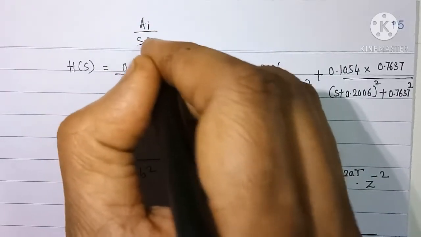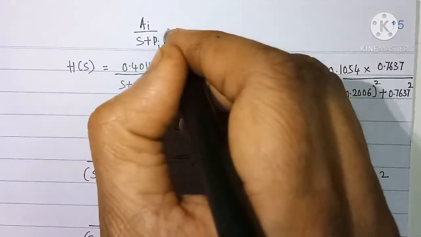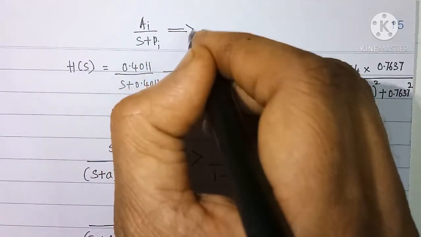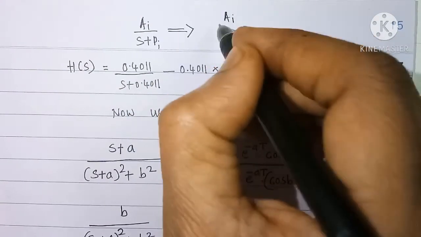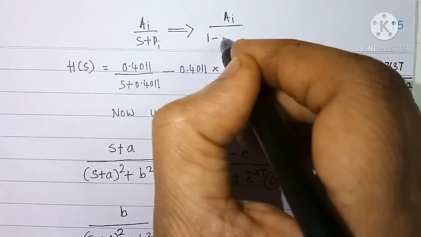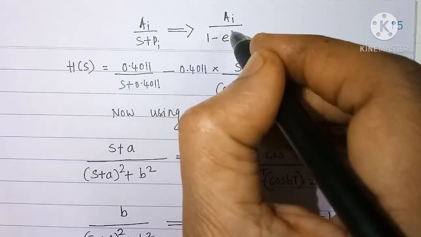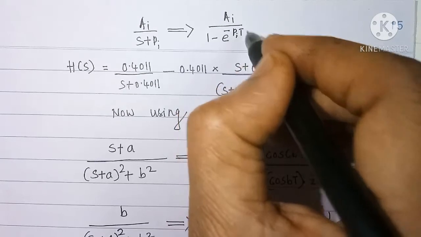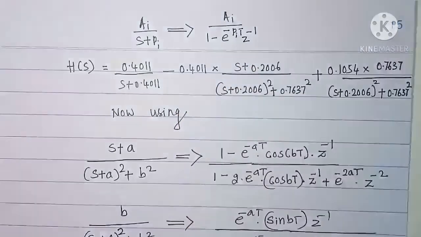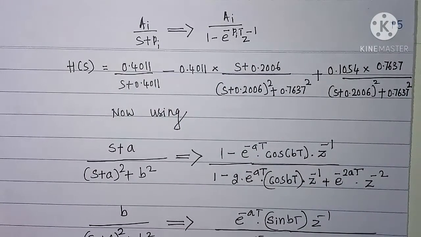Ai upon s plus pi gets transformed into ai upon 1 minus e raised to minus pi into t into z raised to minus 1.